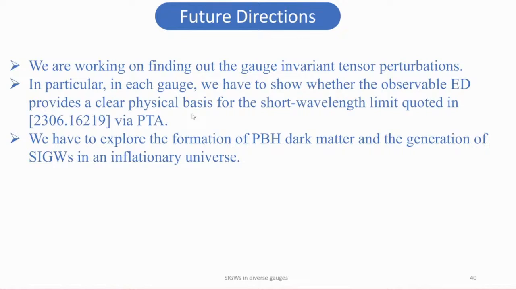Anyway, I guess there are some gauge variant ones, and those are gauge invariant. Yes, I think so. You want to find the counterpart of this population.